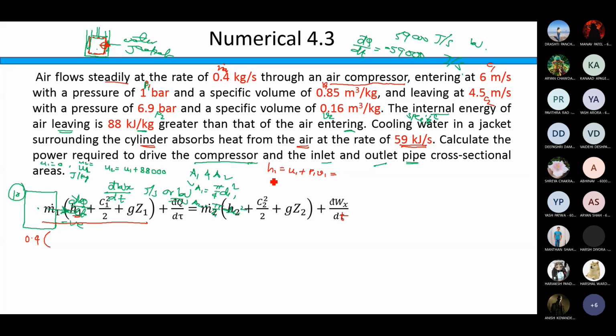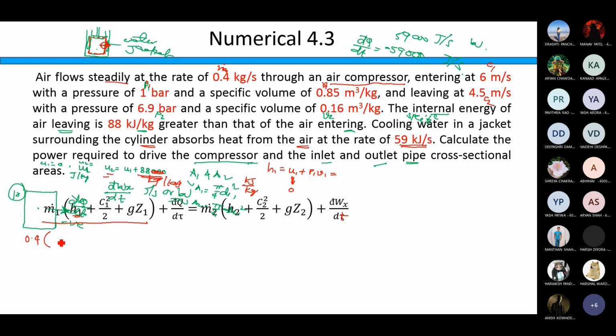Now you tell me, shall I use values of enthalpy in kilojoule per kg or joule per kg? Accordingly, I will modify the equation. Kilojoule. Okay, so you want to use kilojoule per kg. So I will write the equation in this context. Let us assume the initial enthalpy of the fluid entering this compressor is simply 0, and then U2 will be equal to this value in kilojoule per kg, right?